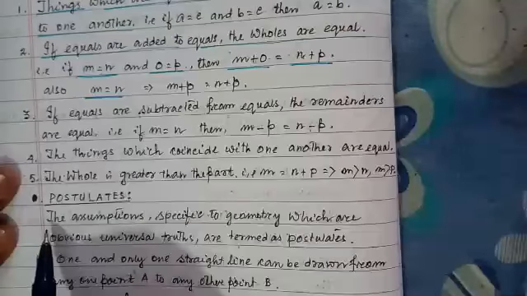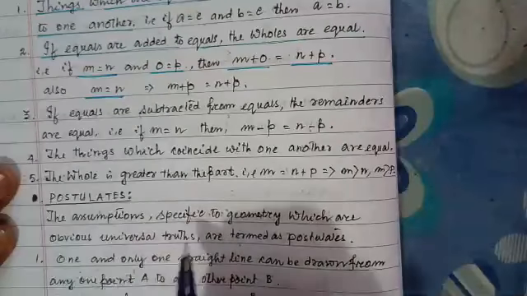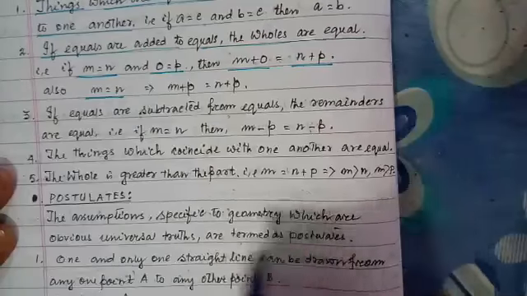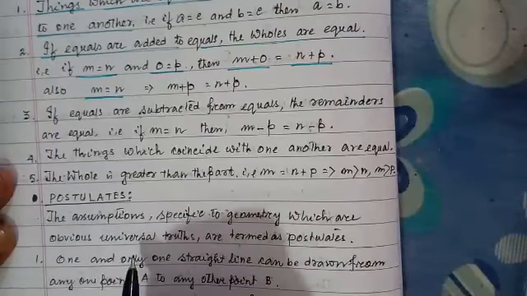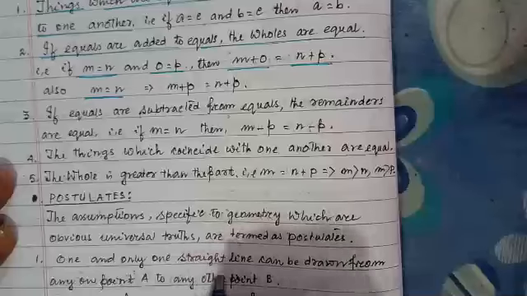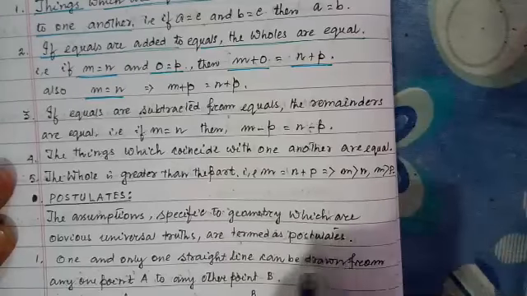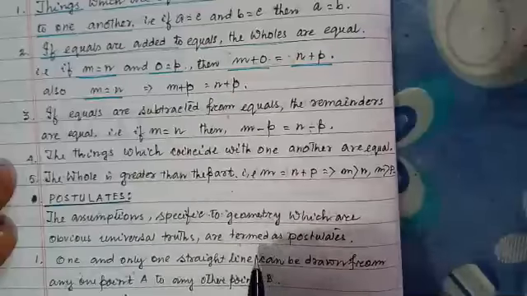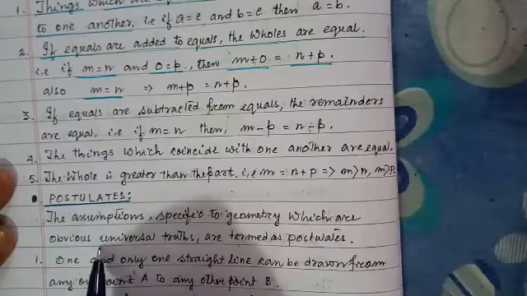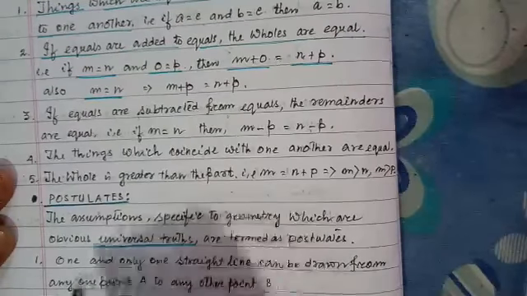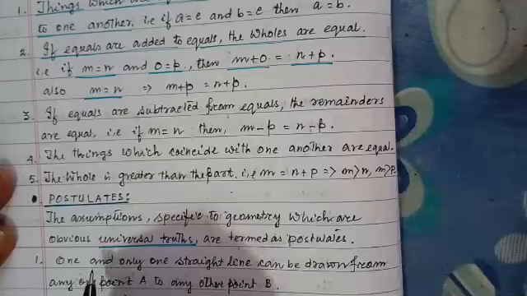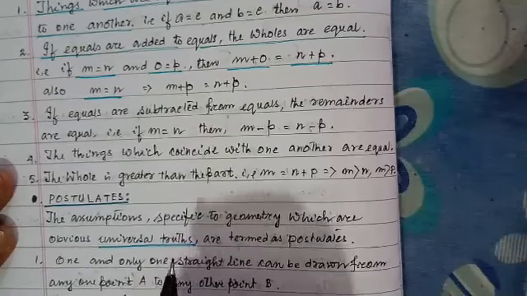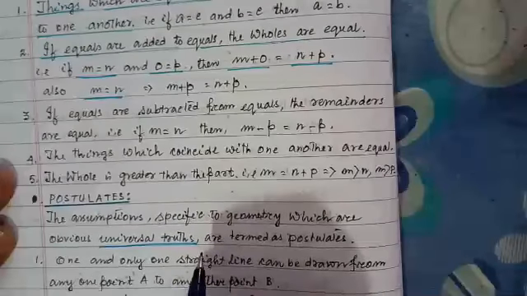Now postulates. What are called postulates? Postulates are the assumptions specific to geometry which are obvious universal truths. So postulates are also universal truths, and these are specific to geometry.